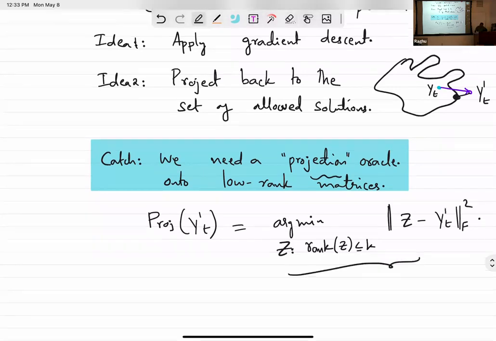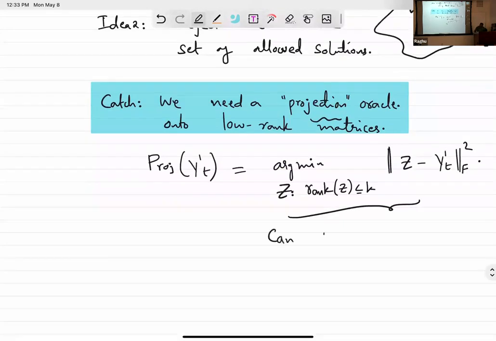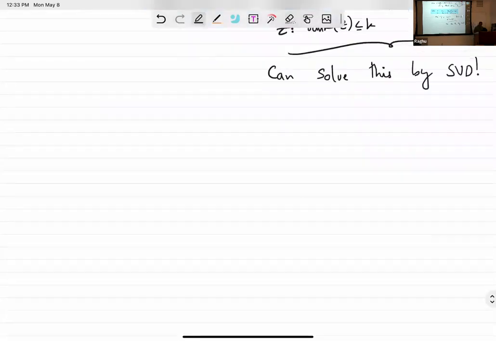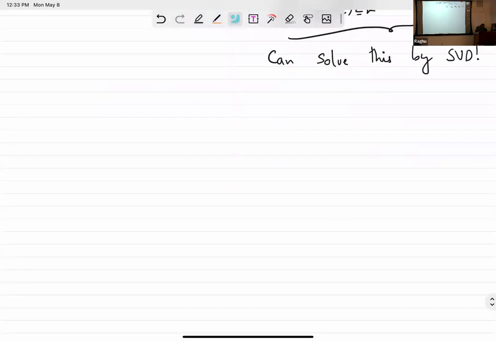Okay, but we can do this by SVD. Right? So even though it's a non-convex set, we have this kind of strange coincidence that we can compute the projection by SVD. So you can combine gradient descent with SVD to get a reasonable approach for matrix completion. Okay. And this leads to the following algorithm.